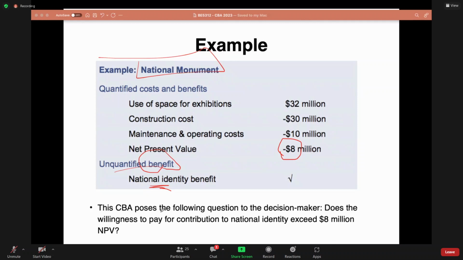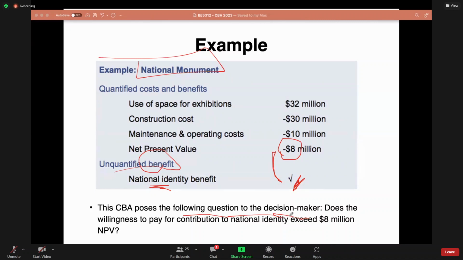But you see, there is a benefit like this also, which we were not able to assign a value to. So when you're making a decision, what you have to consider is, does the willingness to pay for the contribution of this national identity benefit exceed 8 million? If it's more than 8 million, then it balances out and the project will be beneficial.